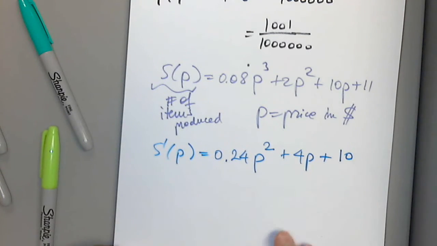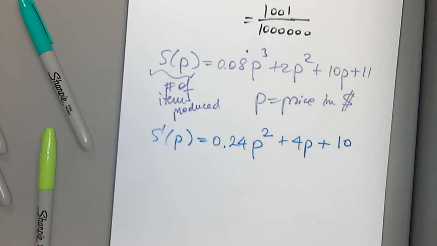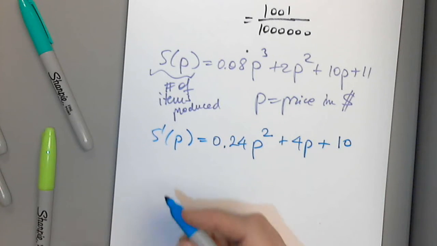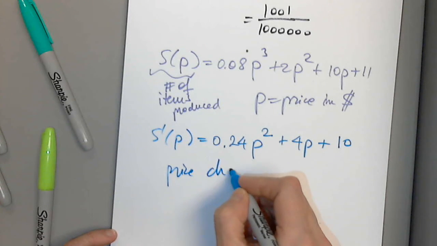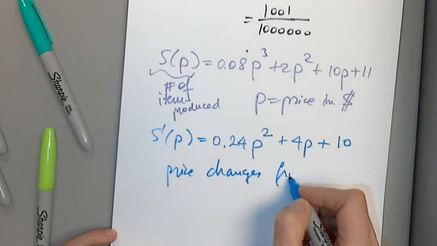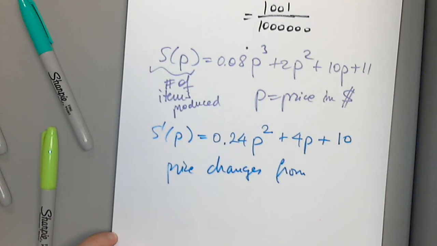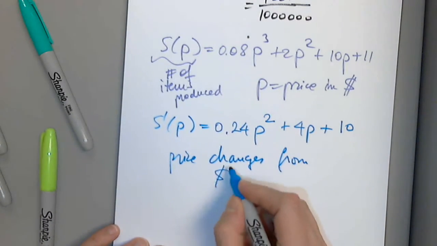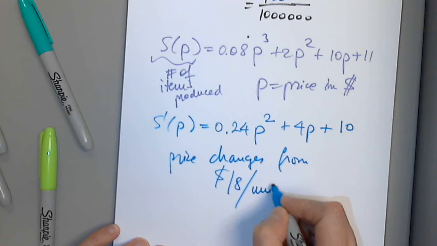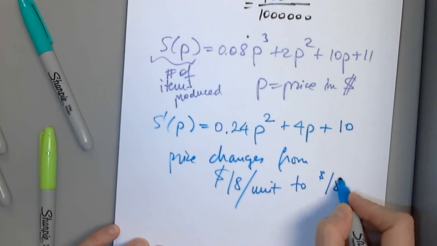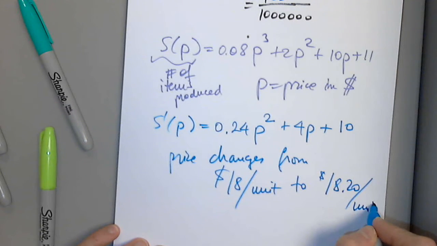Plus, that's it. And now let's see again what they want. Use S prime of P to estimate how many more units a producer will supply when the price changes from $18 per unit to $18.20 per unit.